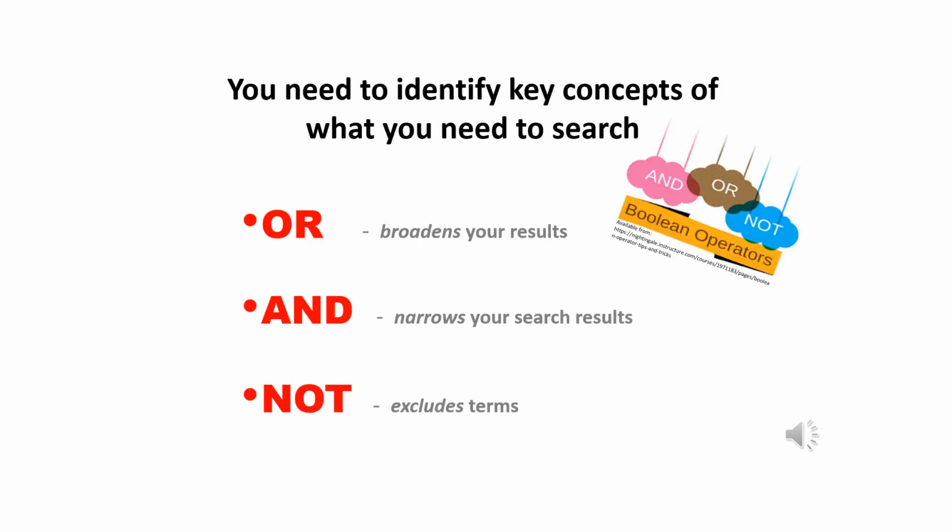The first thing that you need to do is to identify the key concepts of what you need to search. And then you're going to search these concepts one by one, and we're going to combine them with our Boolean operators: or, and, or not.